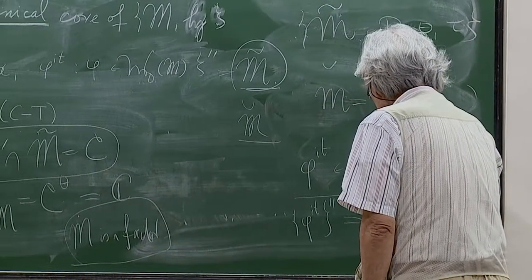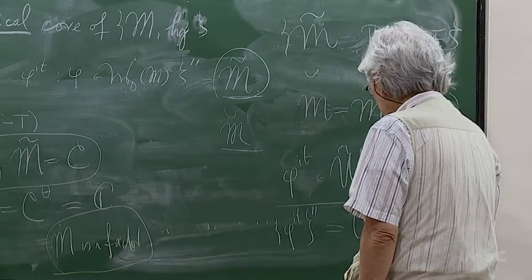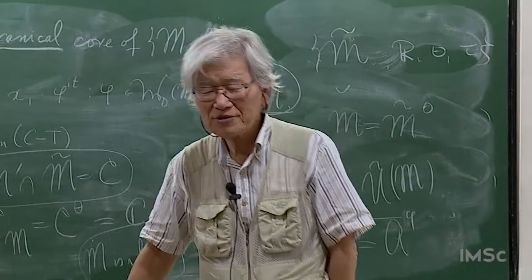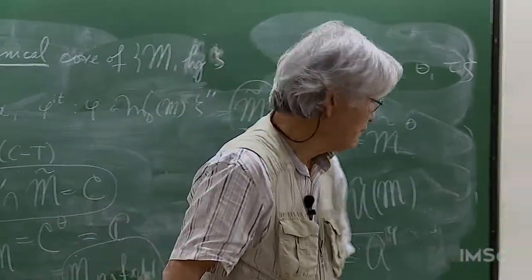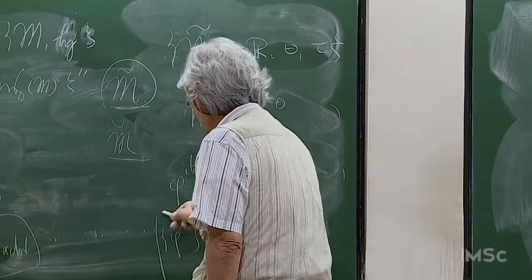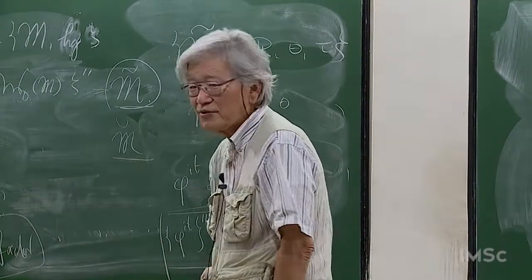I write it as A sub phi, where the subscript phi indicates the centralizer. How does it look? I have already discussed this a bit.